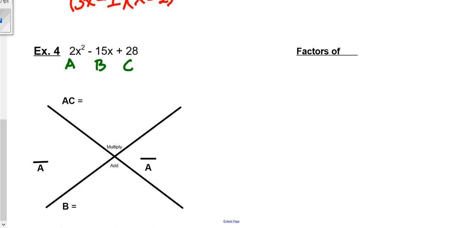We're going to do our AC, a times c. So 2 times 28 is 56. And then our b is negative, so it's a negative 15. So we're going to find all our factors of whatever AC is, and AC is 56, so it's positive 56. And because b is negative and c is positive, both our factors must be negative numbers.